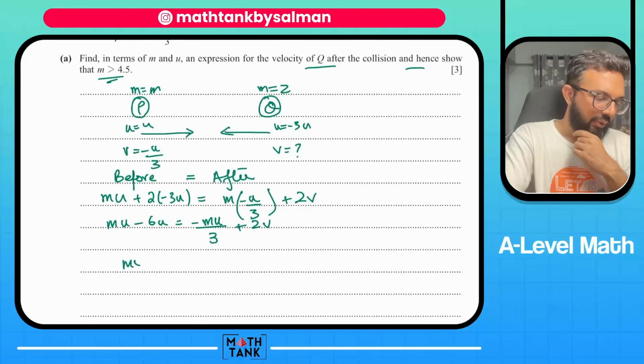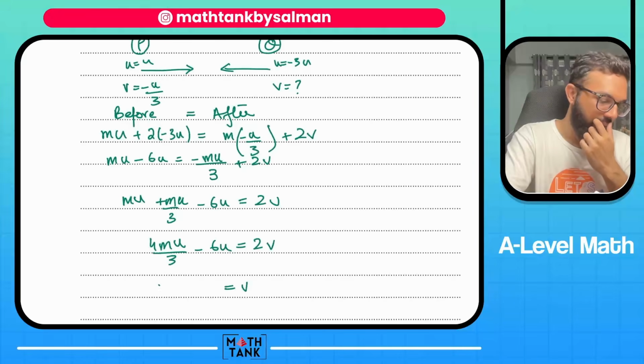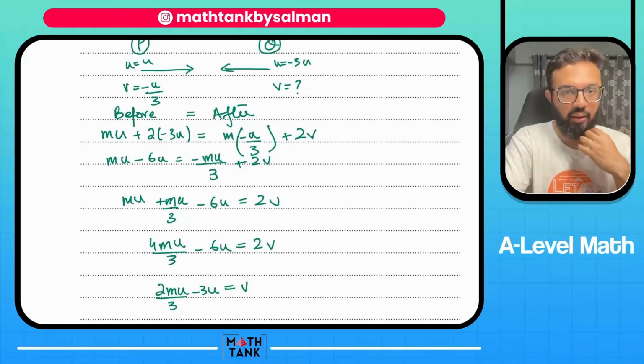Okay, so mu plus mu over 3 minus 6u equals 2v. So 4mu over 3 minus 6u equals 2v. So v equals 2mu over 3 minus 3u. I'm dividing both sides by 2.